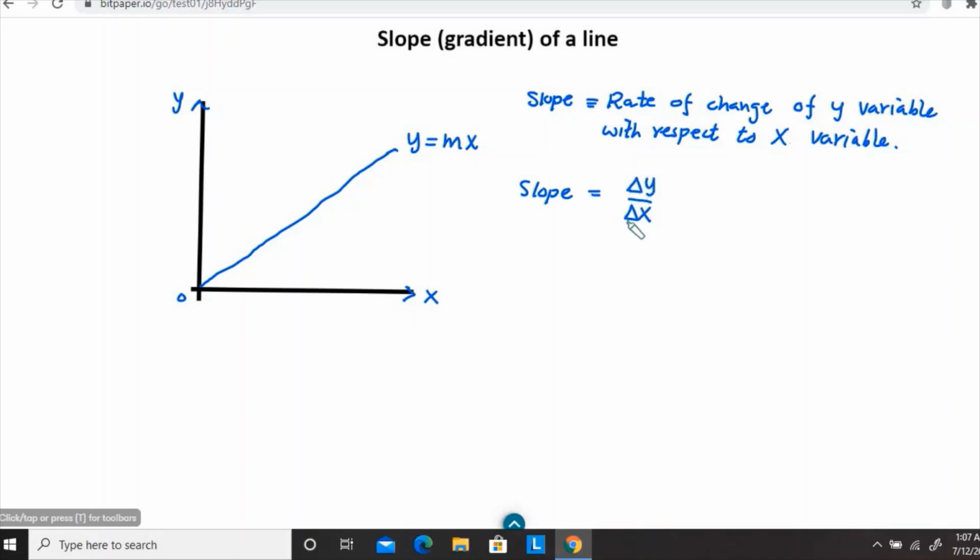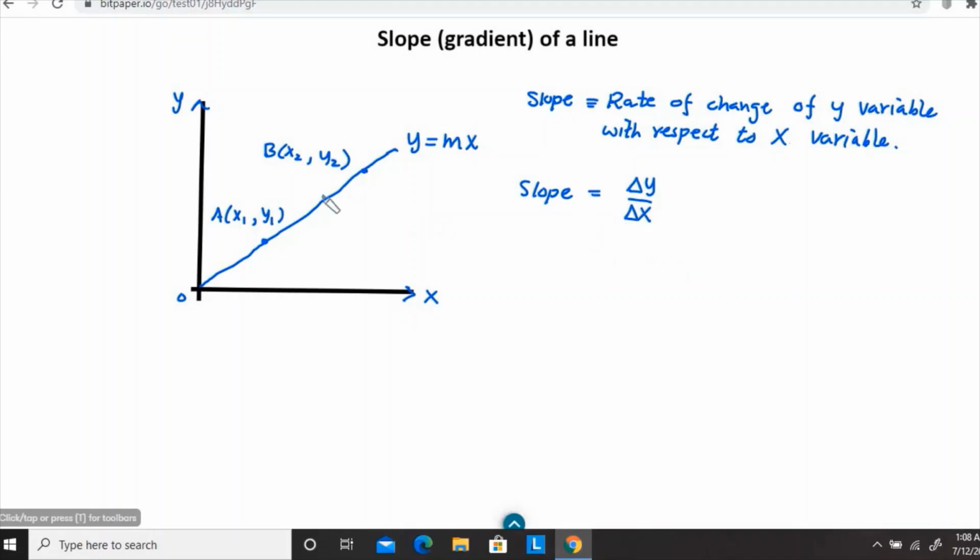So what is delta x and what is delta y? If we look at this line y equals mx, let's first define 2 points on the line. Let me call one point A, x1 comma y1, and the other point, let me call it B, x2 comma y2.